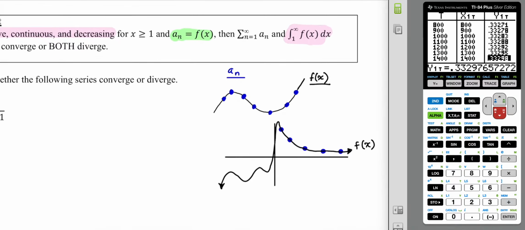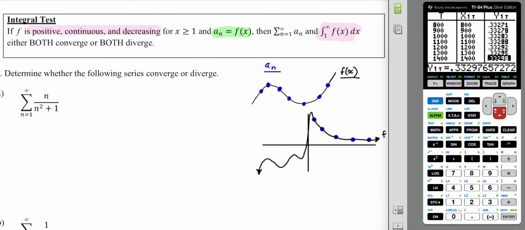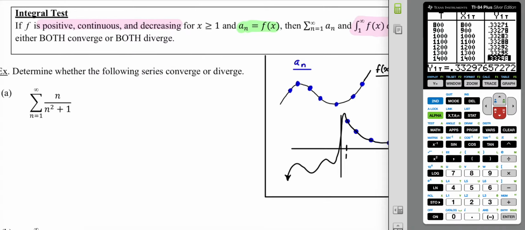All right, so f is positive, continuous and decreasing for x greater than or equal to 1. So let's say that this is 1. And it does trace out the sequence generated by the series, then we're looking at something that could be considered an integral test appropriate type of problem. All right, so these are my sketches. Hopefully they're somewhat helpful, but let's dive into an example.